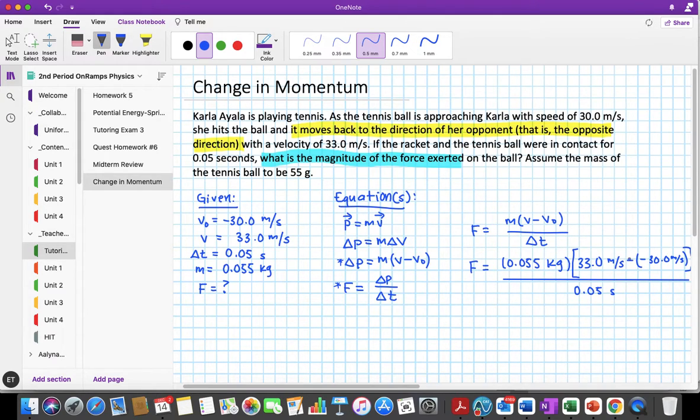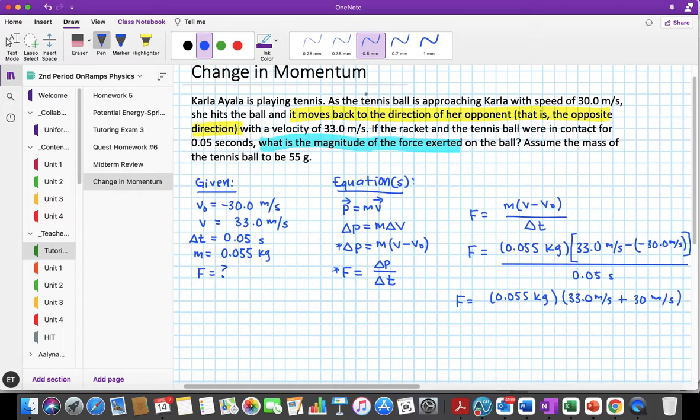And these two negatives become a positive. So now I will write the whole thing again. 0.055 kilograms times 33 meters per second plus 30 meters per second.